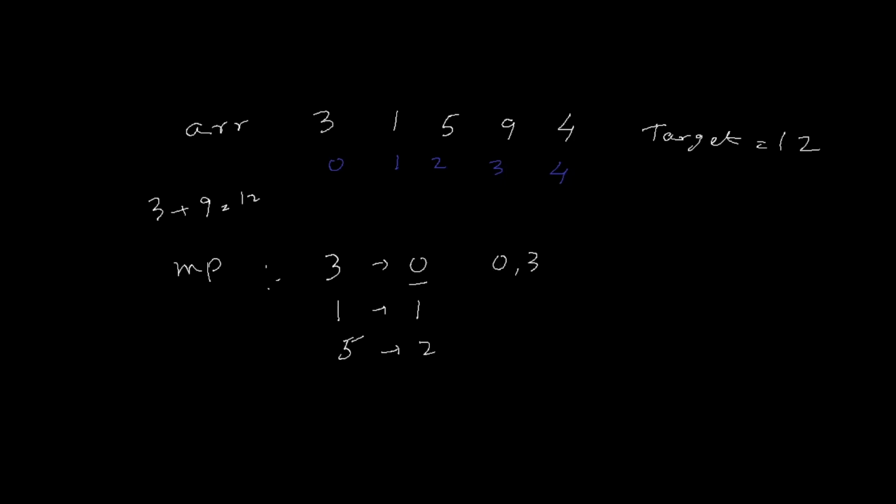The time complexity of this approach is O(n), since we need to go over the array only once. And the space complexity is O(n), as we have used a hash map where we have stored the elements as keys and the corresponding indexes as values.